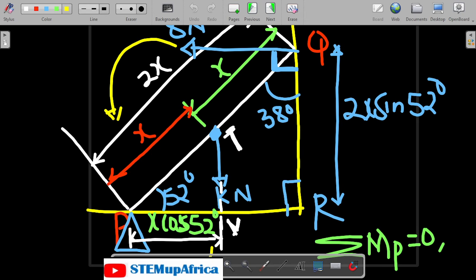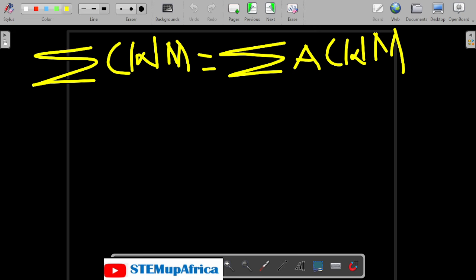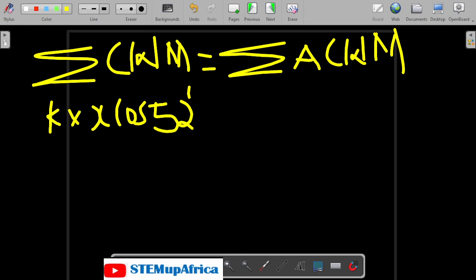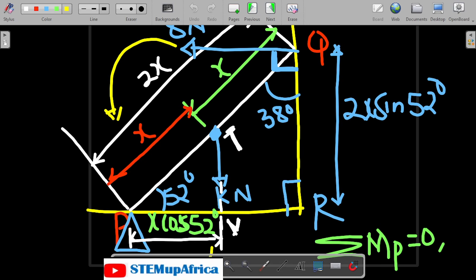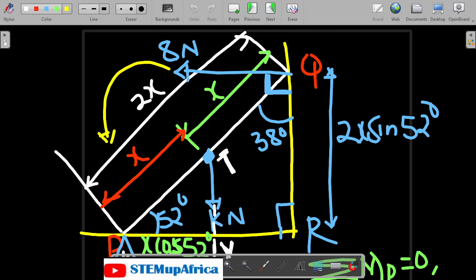So what is the moment of K now, which is clockwise, is the force of K times the distance of force K to P, which is our X cos 52. So we have K times X cos 52 degrees is equals to, while the force of 8 Newton is perpendicular to our 2x sine 52, which is anti-clockwise.